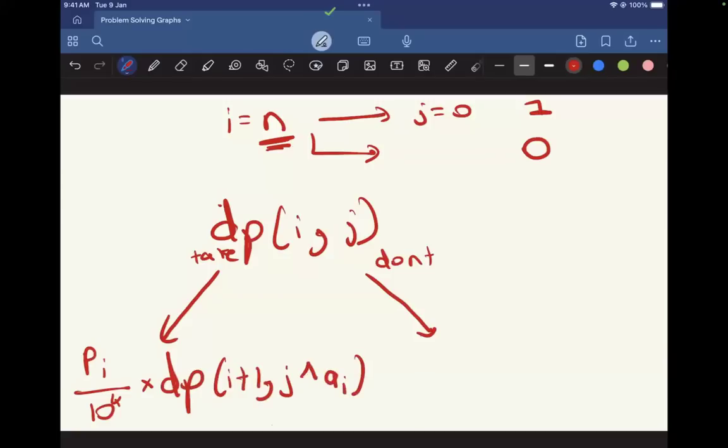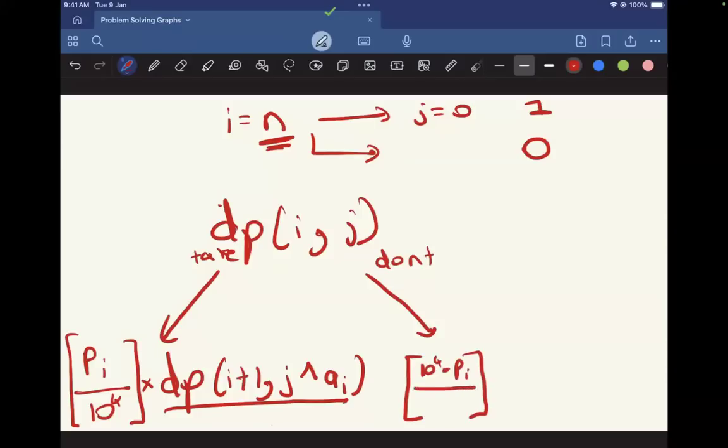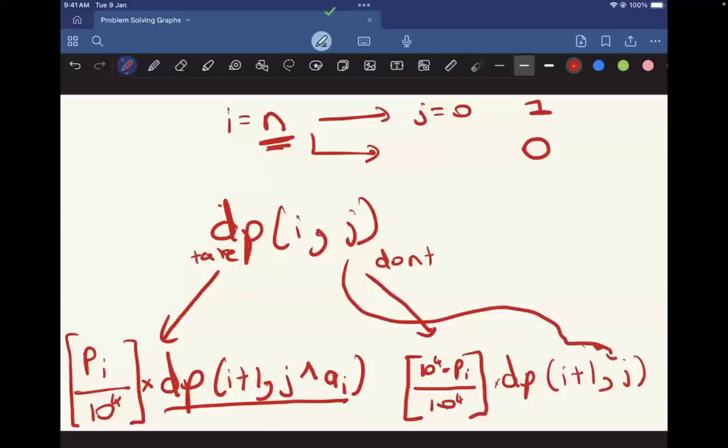Isn't this right? If we take it, we have the probability of it being taken, we go to the next element and we XOR by ai. Now, if I do not take it, the probability that it is not chosen is (10 raised to 4 minus pi) divided by 10 raised to 4. And what am I calling? dp of I plus 1, comma j, because the XOR remains as it is if you don't take it.